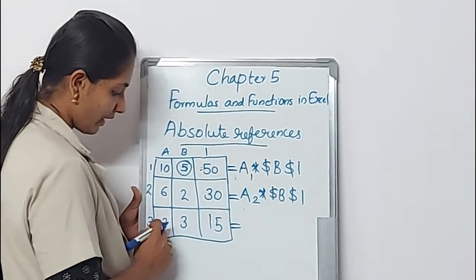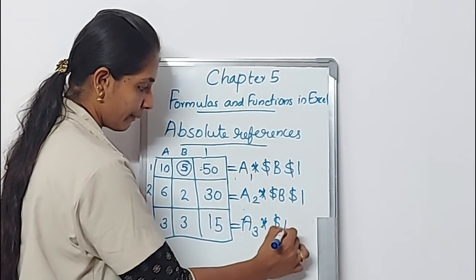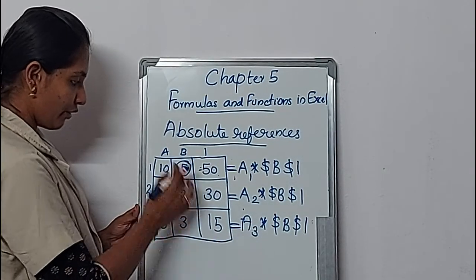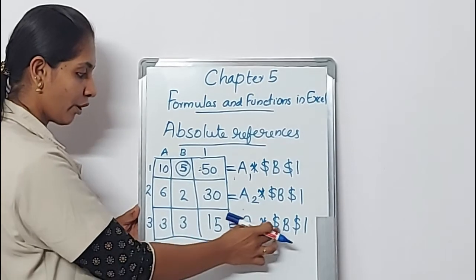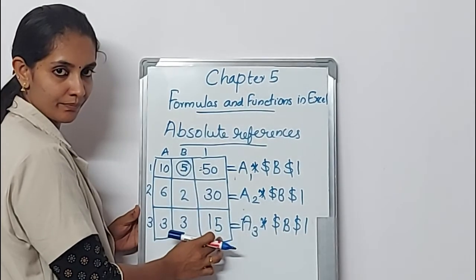Then here the formula will be A3 into $B$1. A3 is the value of this cell, that is 3. $B$1 value is 5. 3 into 5, 15.